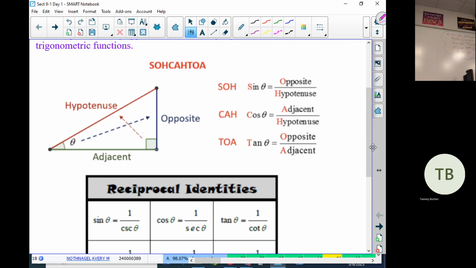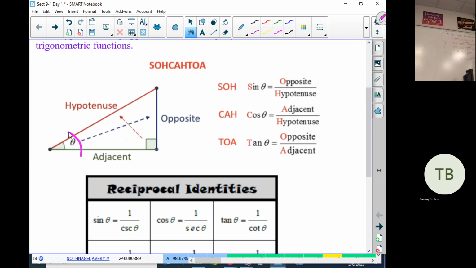Now, what they mean by opposite, adjacent, and hypotenuse is you're always going to have an angle. And this symbol right here is called theta. It's a symbol they use a lot in trig to represent an angle. It would be just like if there was an X here. It's just a representation of that angle. So how I do this is I mark the angle that I'm given. Then across from the right angle is your hypotenuse.